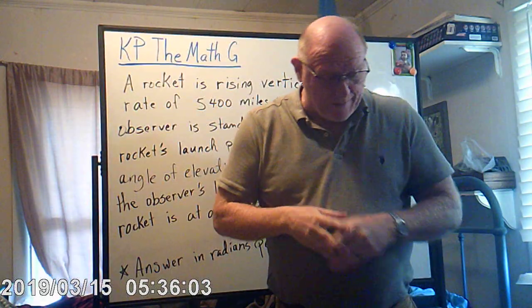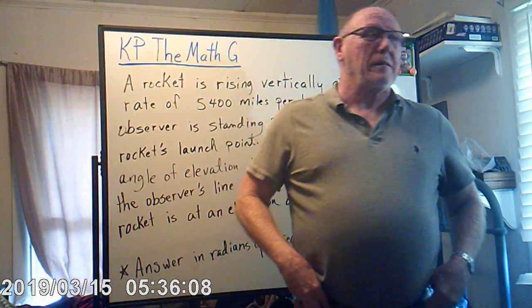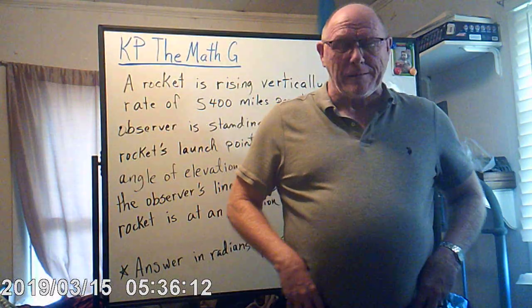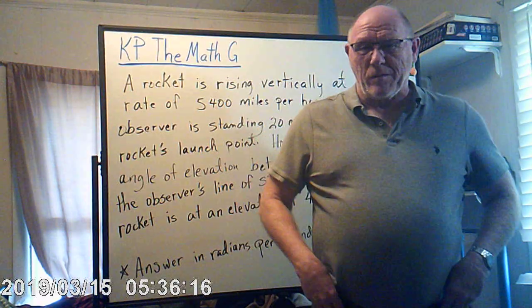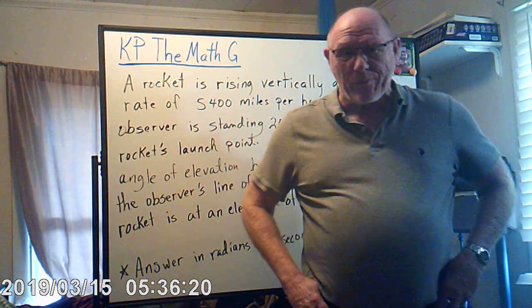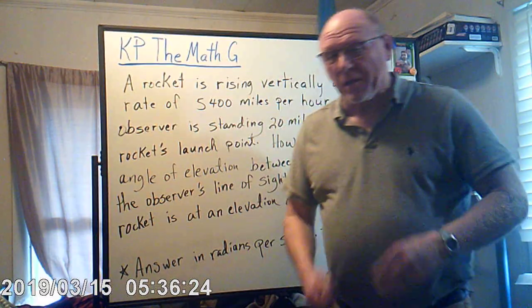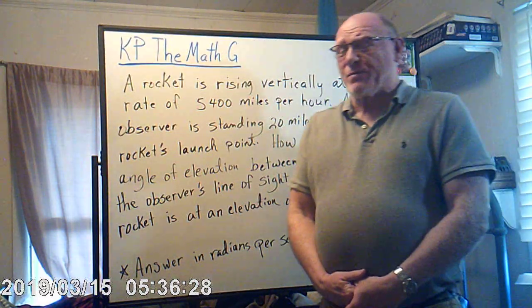I've got a lot of books, workbooks, textbooks, so I'm picking out some problems. What we're really working on is a couple of related rates. We're going to work with one that's probably not as familiar.